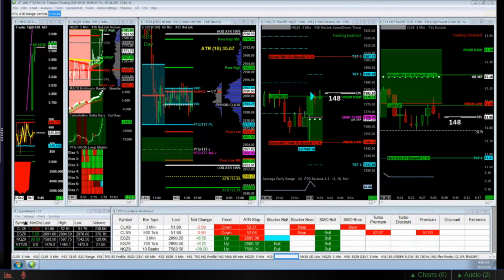Again, plenty of room to move up, plenty of room to move down.